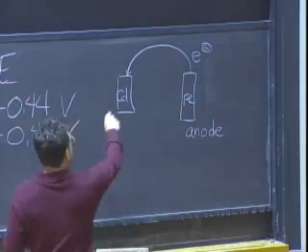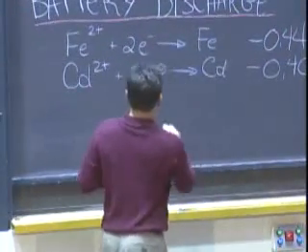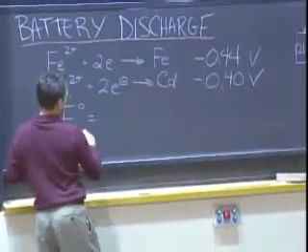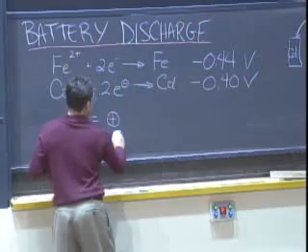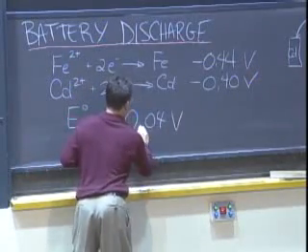And for the reaction going that way, as we would have set it up, we have a standard cell potential, E0, of positive 0.04 volts.